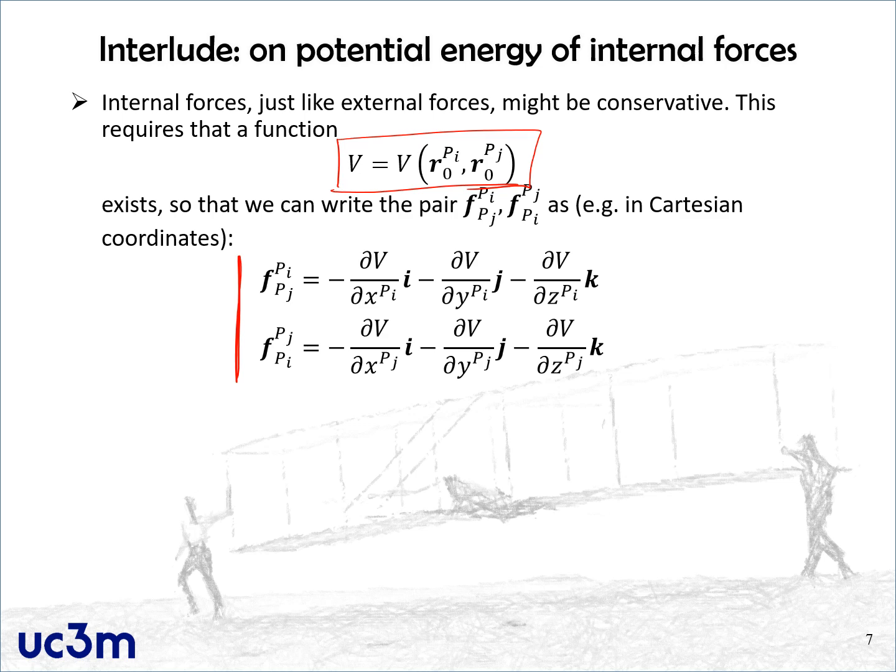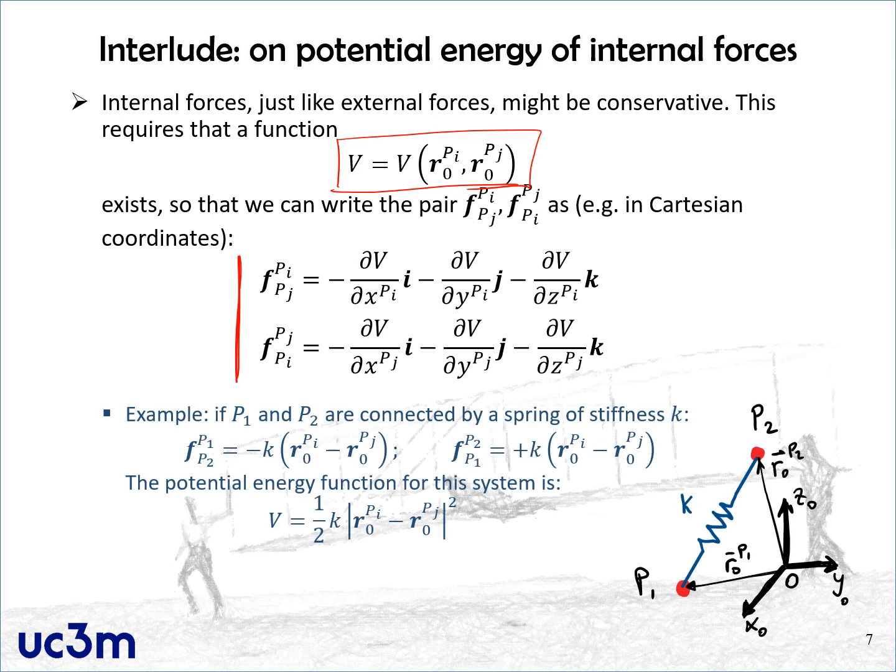This is generalizing what we know when we have the potential of a single point particle. Just to give you an example, imagine that we have these two particles, P1 and P2, which are joined together by a spring of stiffness K. In this case, the force applied on P1 by the spring and the force applied on P2 by the spring can be expressed in this way. You see that they are equal and opposite because they are action and reaction.